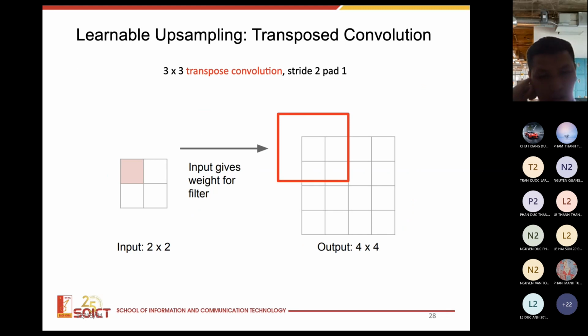Here is the computation of transpose convolution. We take this element in the input, and the input value is used as the weight for the filter.